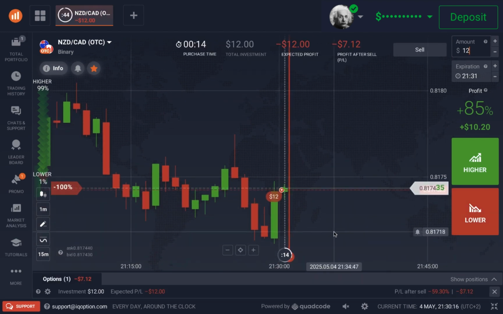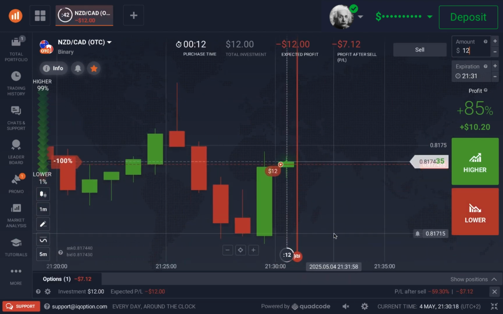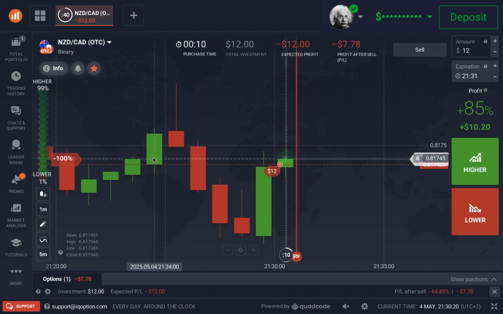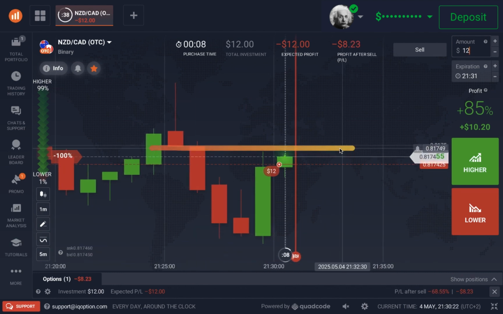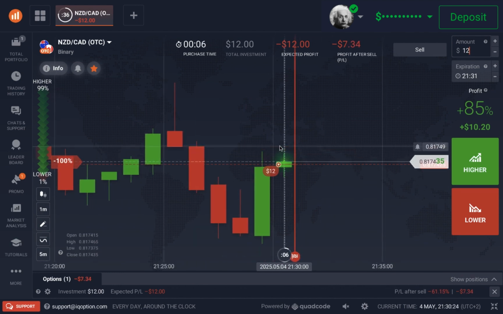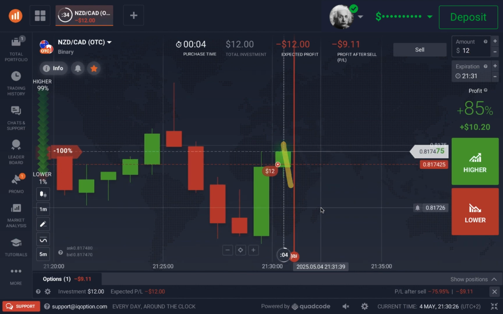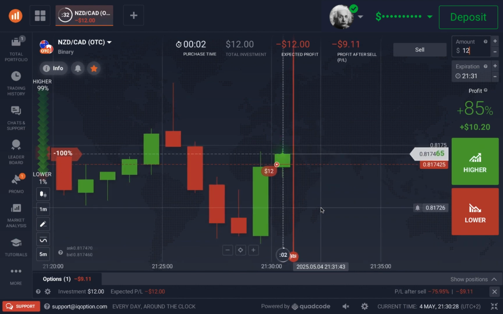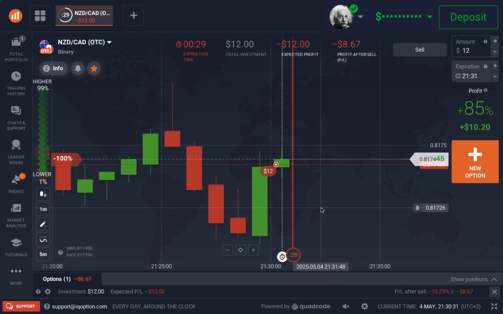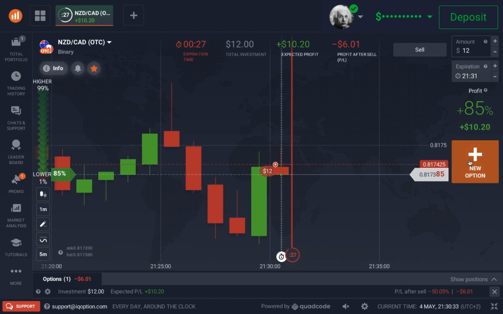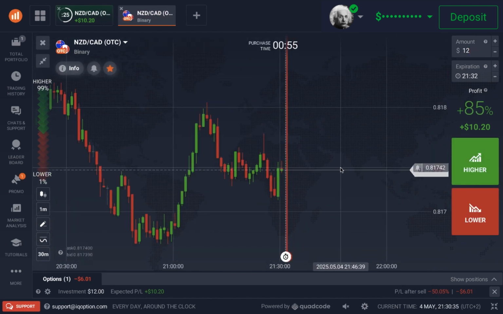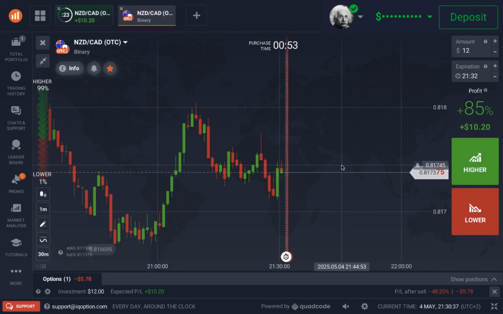Okay, it's a downtrend and there's a level. This area, this is sellers area. From this area market will go down, I know. That's why I placed a lower option. Okay, let's wait and see.